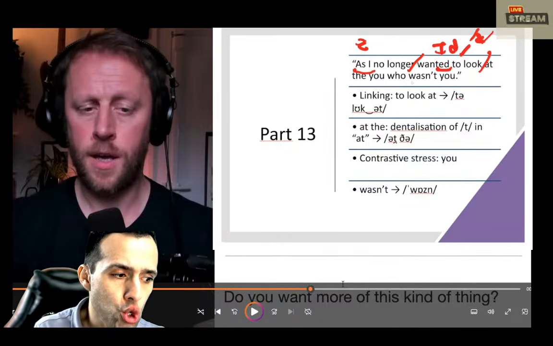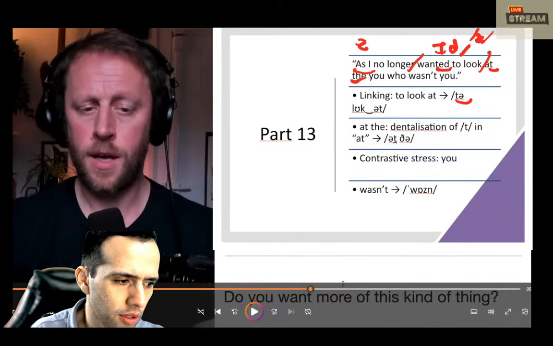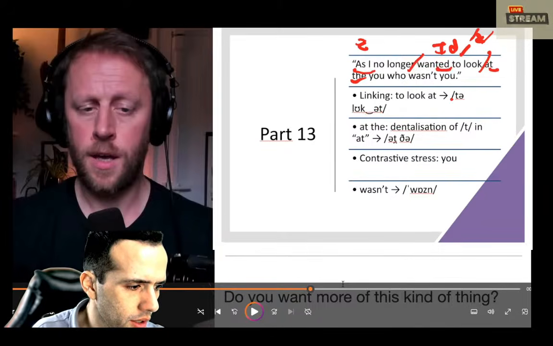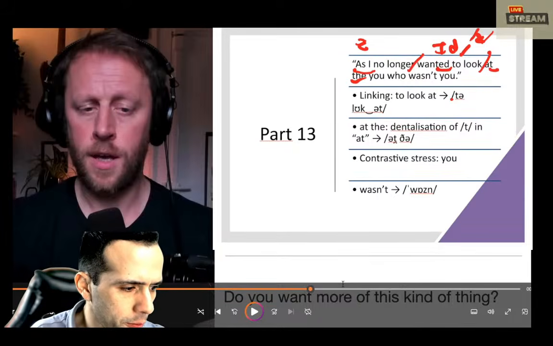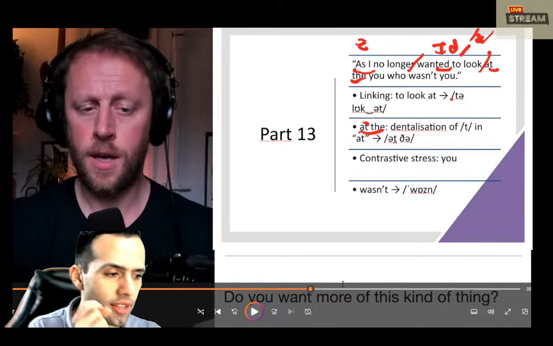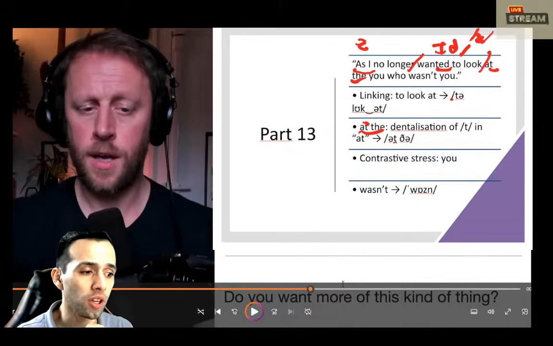At the you. Here we connect these two, at the. Remember that the t becomes similar to the next sound.